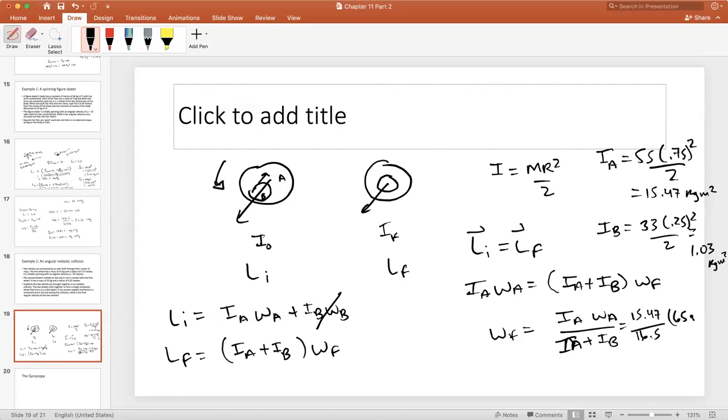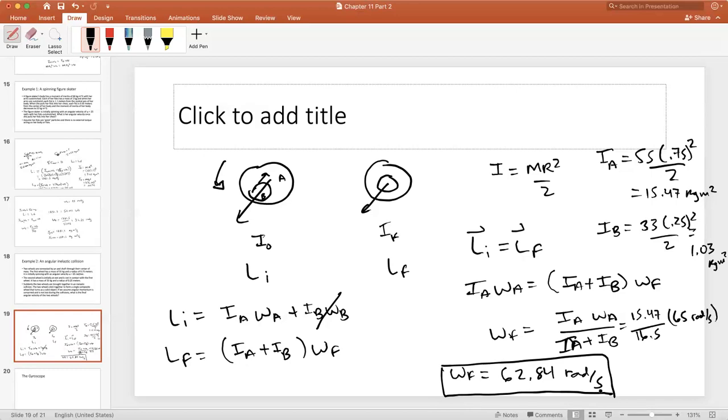So what we get is 15.47 divided by 16.5 times 65. I get 62.84 rad per second. So there was a decrease in angular velocity of 2.16 rads as they came together.